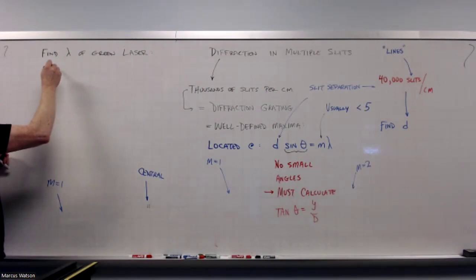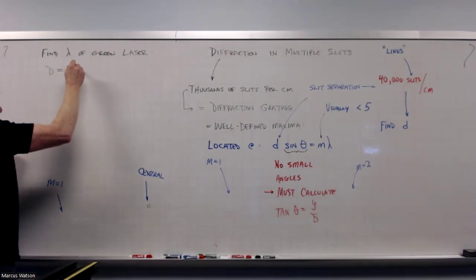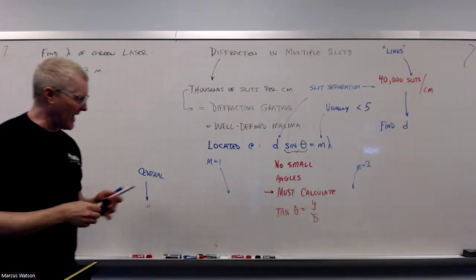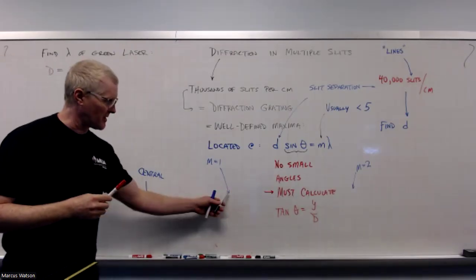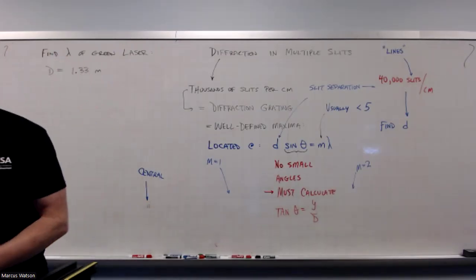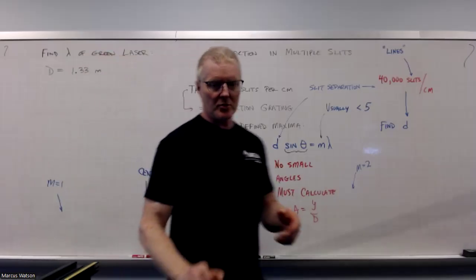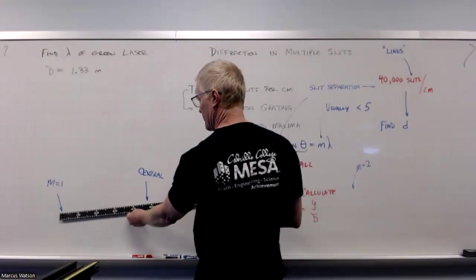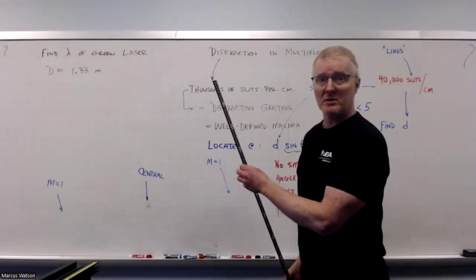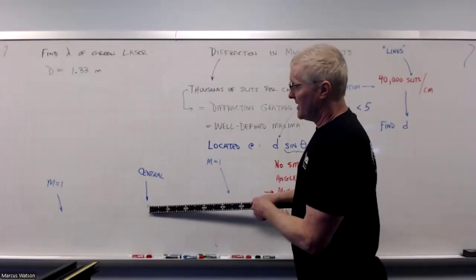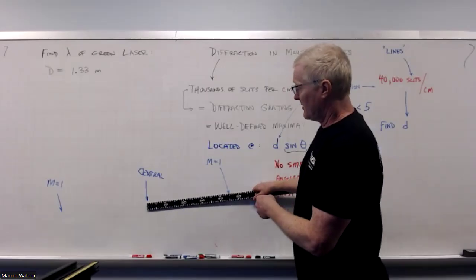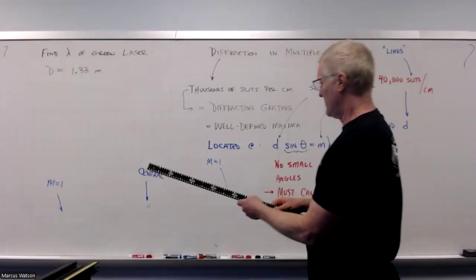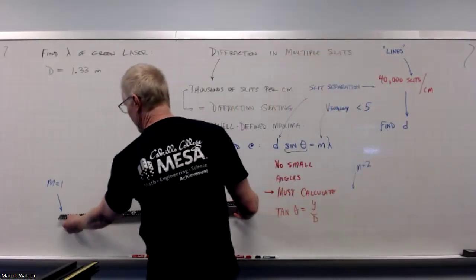All right, I've got a screen distance of 1.33 meters. I have my distance to my first bright fringe on either side. So what I'm going to do is measure between those and then divide by 2. Or if you like, you could take a measurement here, and then average the 2, just to make sure that they're copacetic.